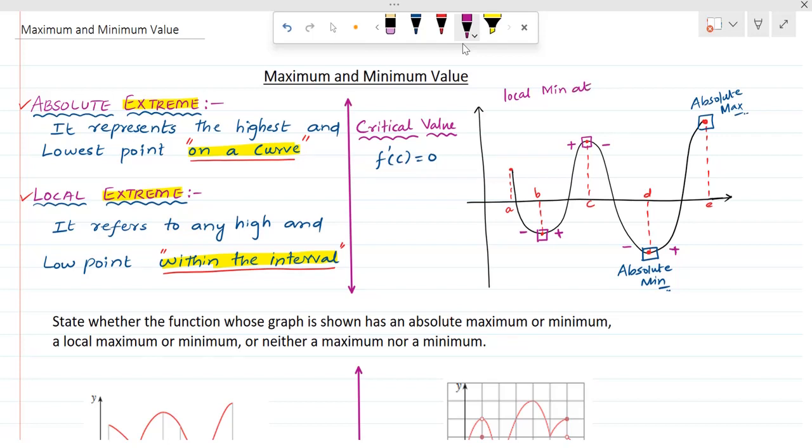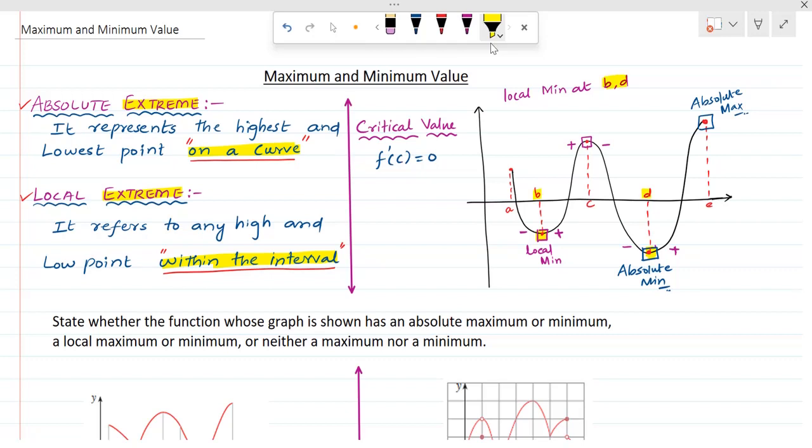This is the local minimum, so we have it at B. And we have one more point, D, which is also a local minimum. So these two parts are local minimum, this one and this one. That's why I write it here, B and D.